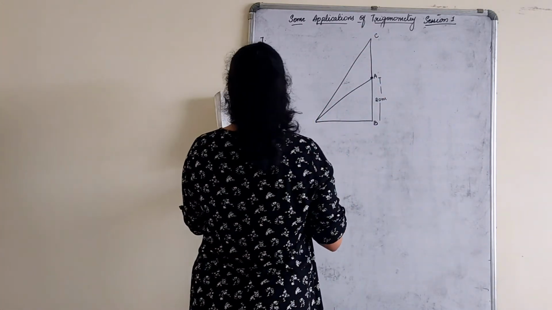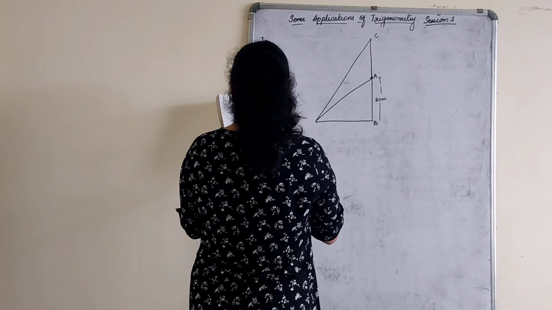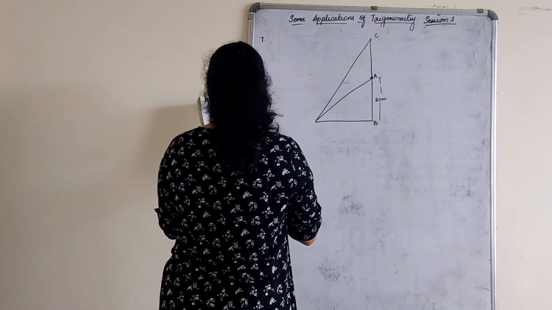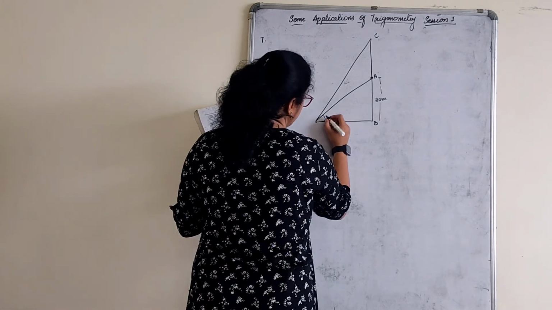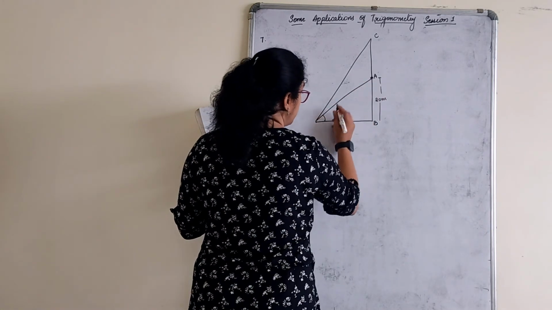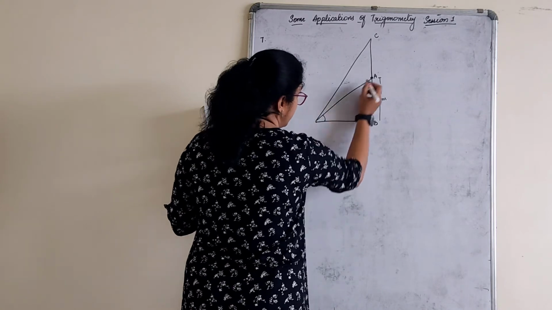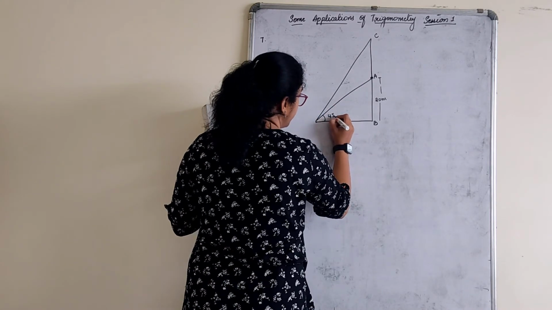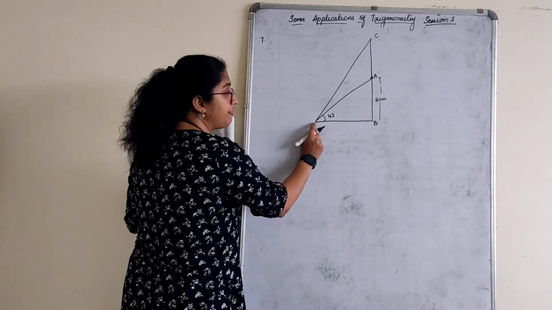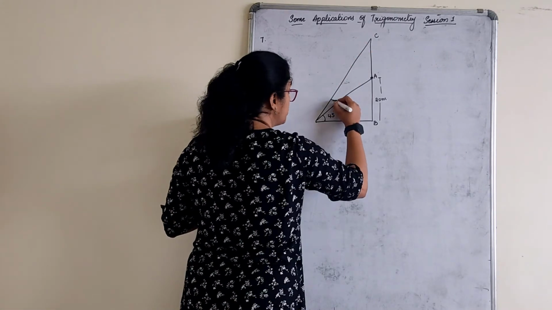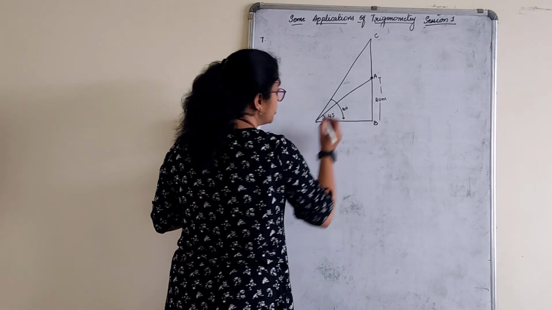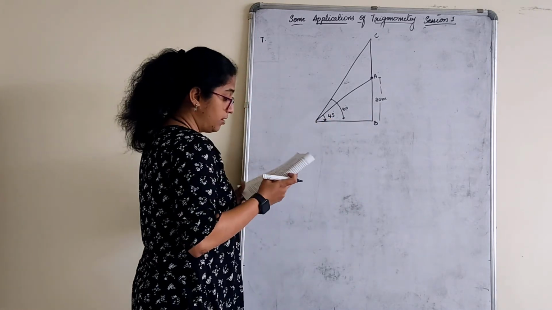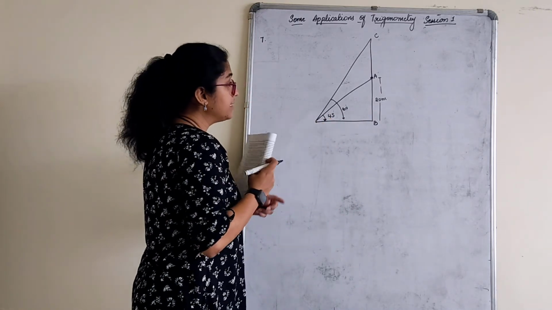The angles of elevation of the bottom and top of the transmission tower on top of a 20-meter high building are, from here if I look at the bottom of the transmission tower, I get the angle of elevation as 45. From here if I look at the top of the transmission tower, the angle of elevation I get here is 60 degree. Find the height of the tower.